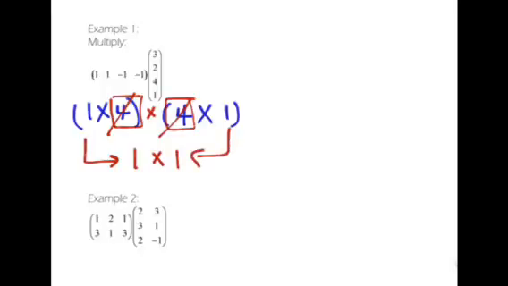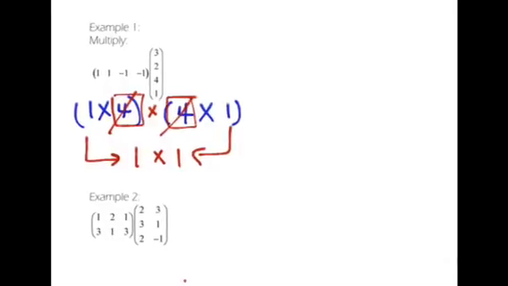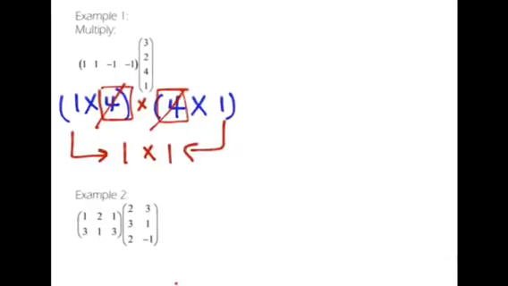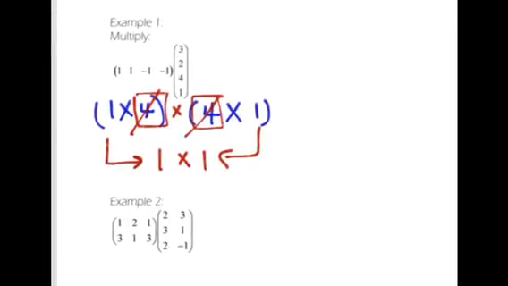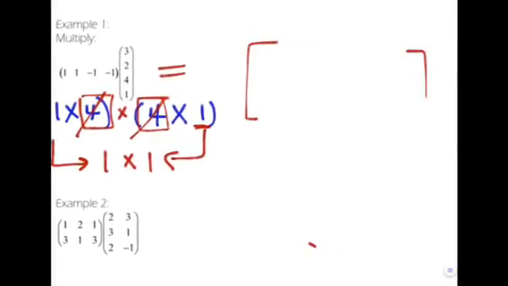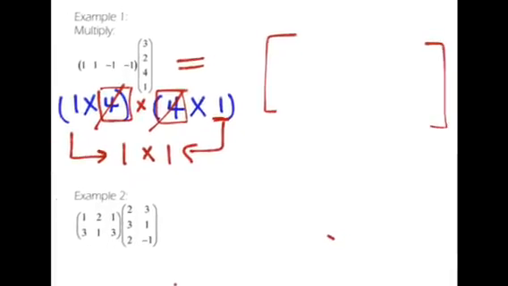So those two numbers have to match and you end up with whatever number is here by whatever number is here size matrix. So we know we're going to end up with a 1 by 1 matrix. It means there's going to be a single entry. But how do we get that single number from all these numbers being multiplied together?